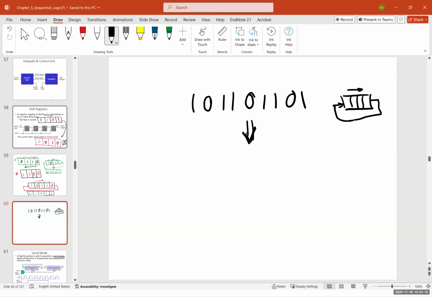So everything shifts 1 to the right. And this one goes all the way. So what I can do, I simply can erase the one on the right and put it here. So it's going to be 1, 1, 0, 1, 1, 0, 1, 1, 0.